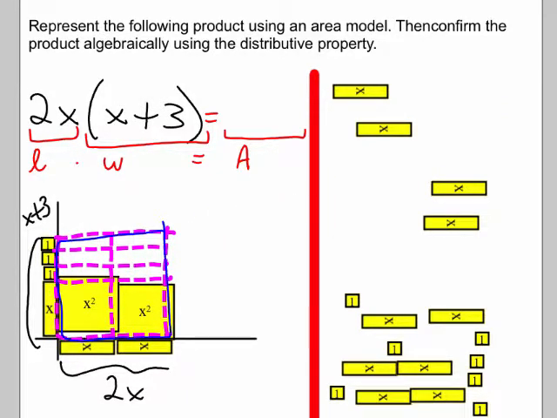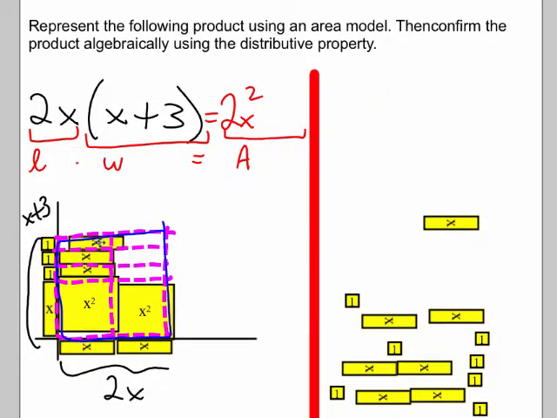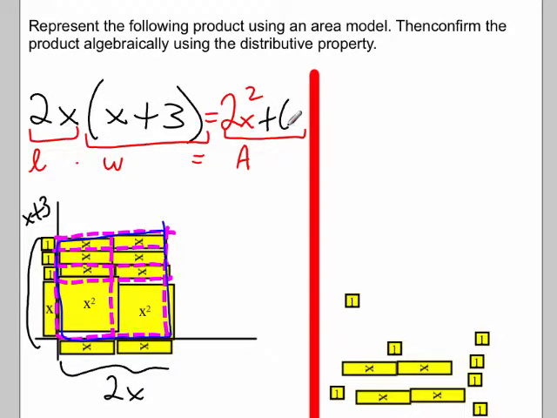So my area is going to be 2x squared plus 6x's. So I put my x strips in. That makes up the area of the inner rectangle. And so I add plus 6x. There's my product, which is representing my area of my rectangle.